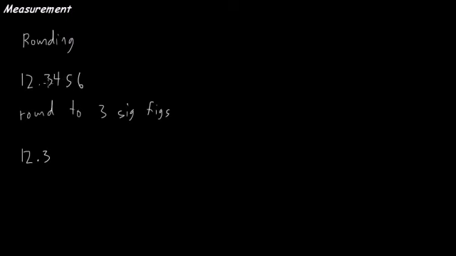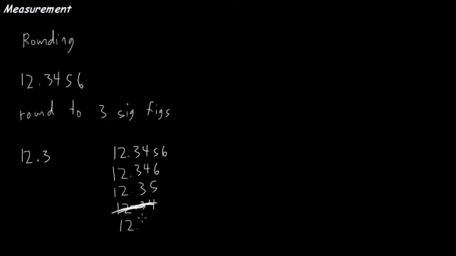And then they would round this 3 up to a 5, or excuse me, a 4 because, so let me show that in action. 12.346, 12.35, and finally 12.4. So this is the wrong way to round.